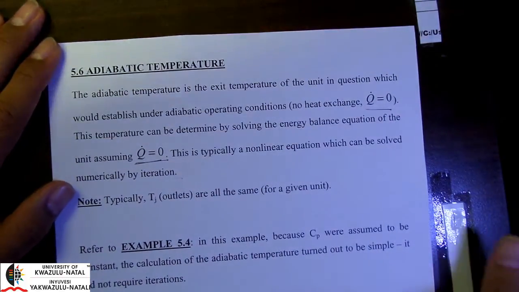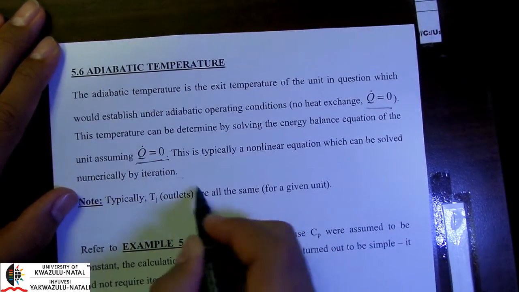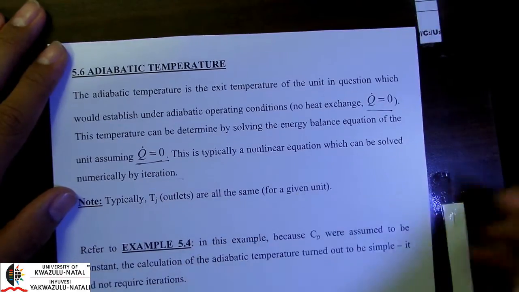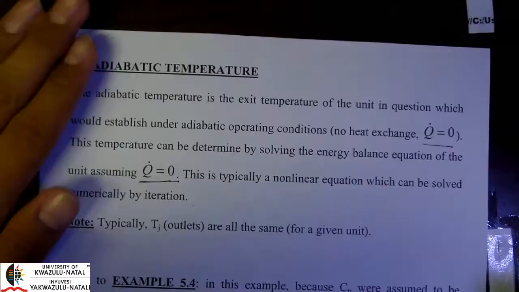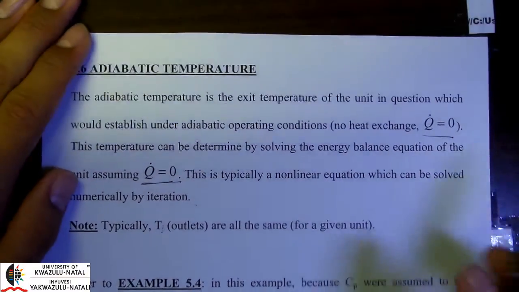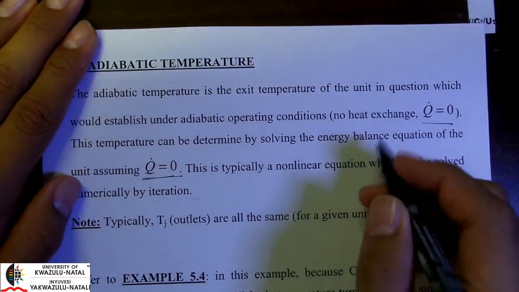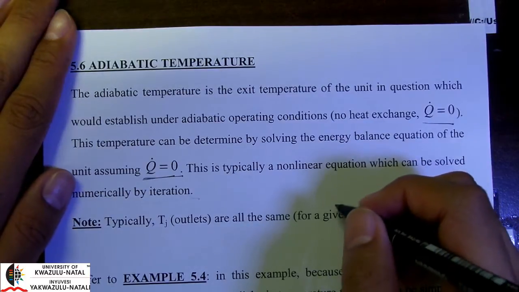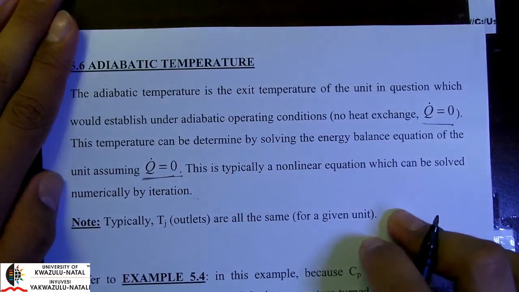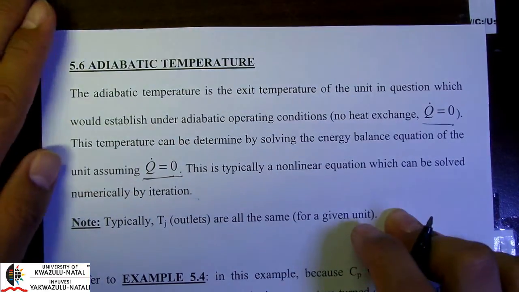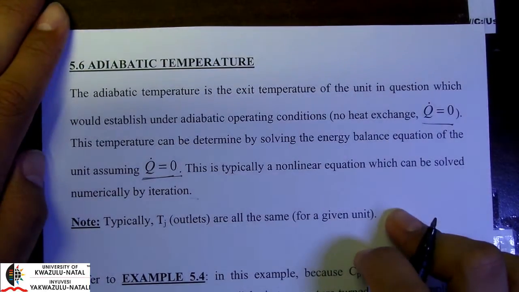This also assumes that our outlets will all be of the same temperature for any given unit. Now if the temperature changes are expected to be small, in other words less than 50 Kelvin, as we've previously discussed, then we could actually get by using average Cp values.